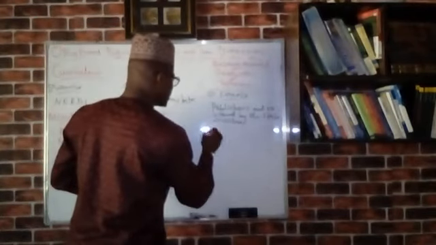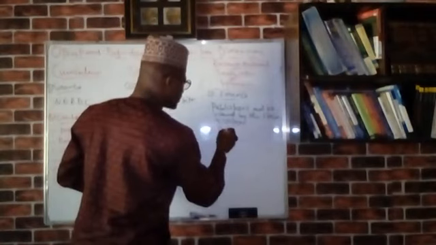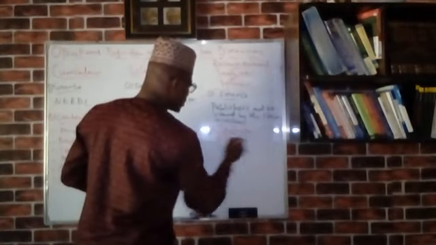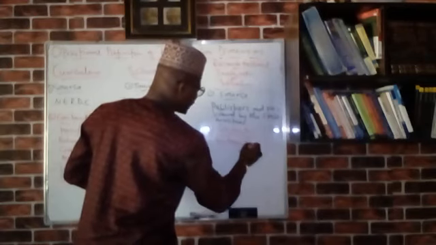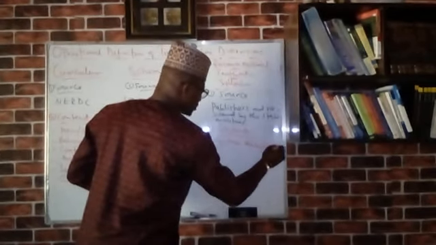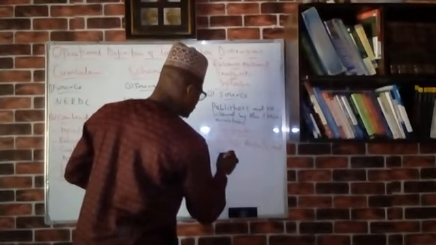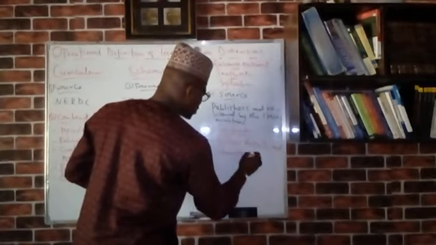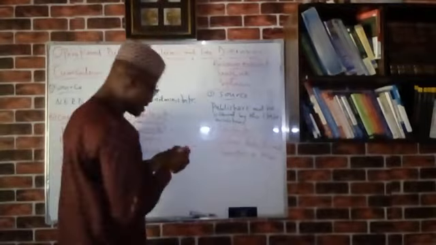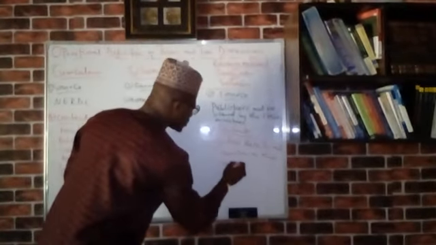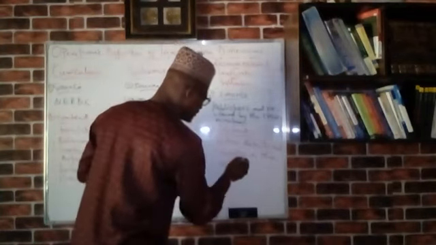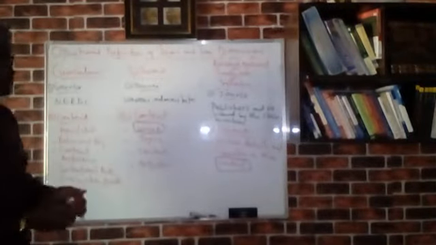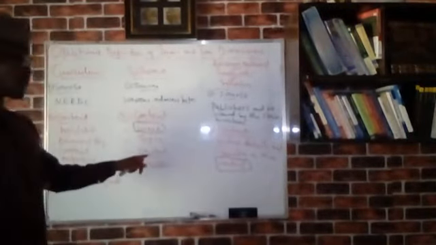You normally have the cognitive details and information on the content. Let me write this down: the cognitive details and information on the content. Take note: this content here is referring to what? This content you see here.